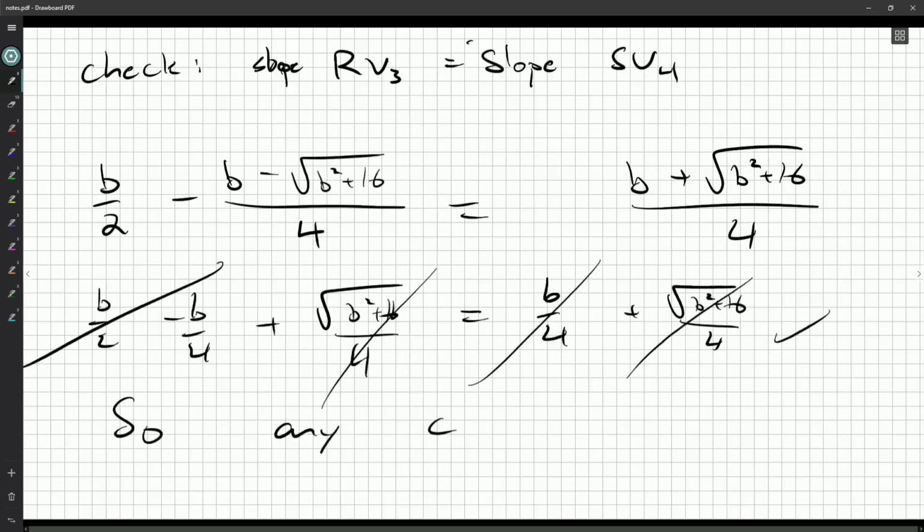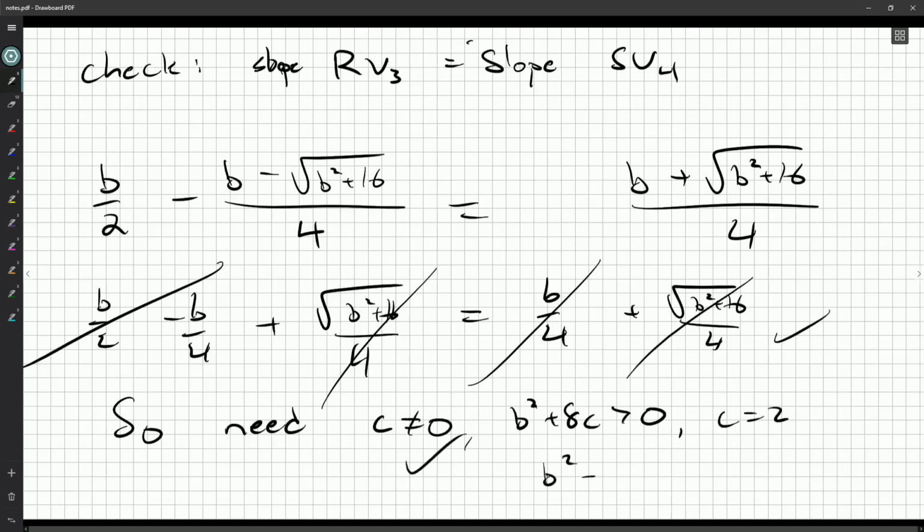So we just need C to not be 0, b squared plus 8C to be greater than 0, and we need C to be equal to 2. So that's satisfied.